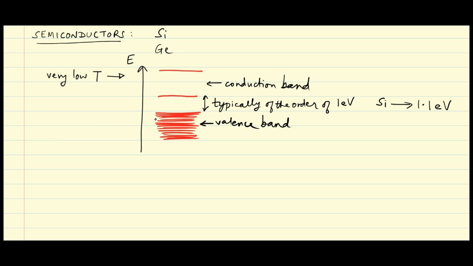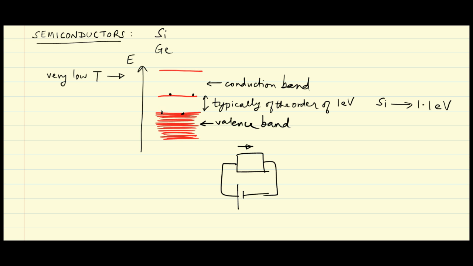Now, because this band gap is small in a semiconductor, we see that at room temperature it is possible that a few electrons from the valence band can actually gain sufficient energy from thermal collisions to be pushed up into the conduction band, like that and like that. And this enables a semiconductor, when we apply a voltage across it, to conduct a small electric current in the direction of the electric field.